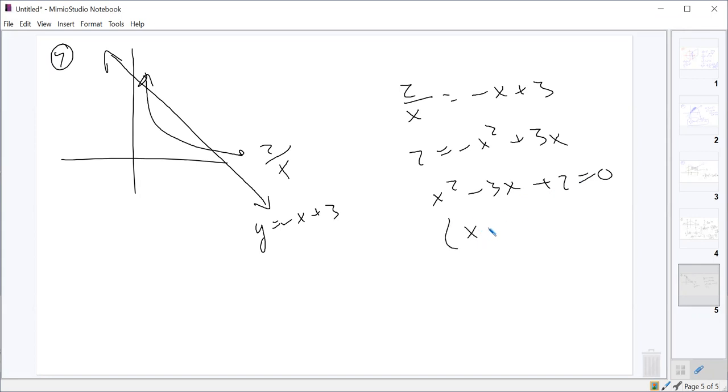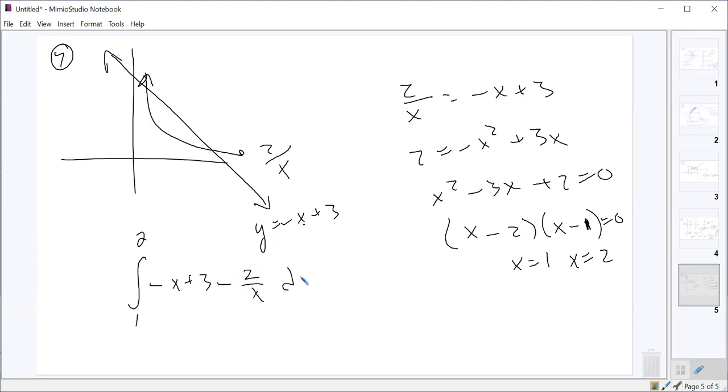This intersects at x equals 2 and x equals 1. If you plug those both in, you'll see that is true. If I plug in 1, I get 2 and 2. If I plug in 2, I get 1 and 1. So it now just needs to be an integral from 1 to 2 of -x plus 3 minus 2 over x dx.